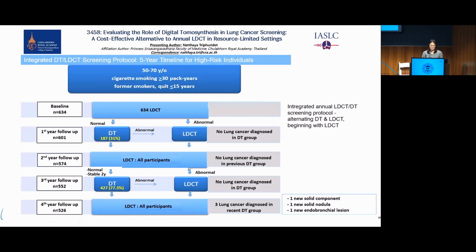Now, this is the last study, from Thailand, that integrates low-dose digital tomosynthesis into low-dose CT screening. It uses alternating digital tomosynthesis and low-dose CT, beginning with low-dose CT, for those who have normal low-dose CT or lesions that are stable after follow-up for 2 years.